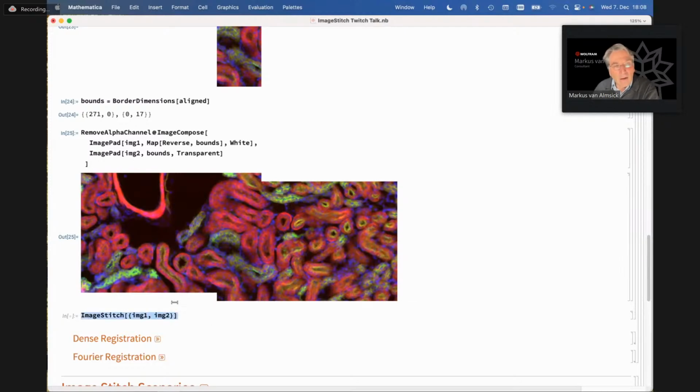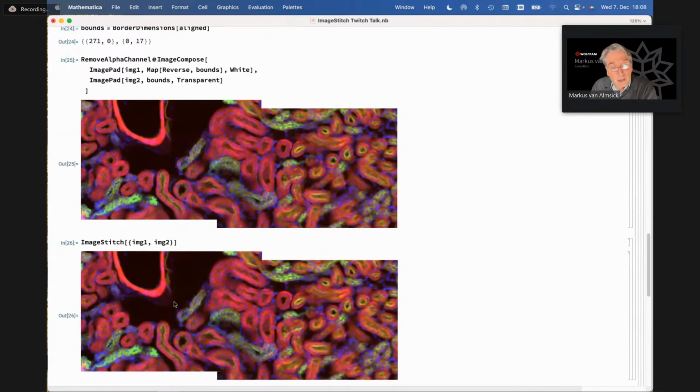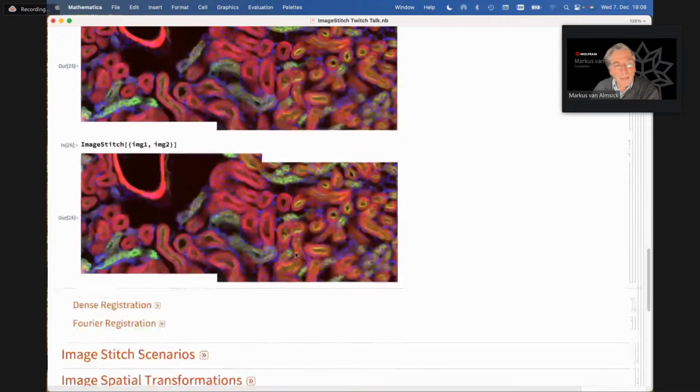And all of that, as you can imagine, is facilitated by the command ImageStitch, which does what I explained just in one go. All right, so this was still quite simple, but there are all kinds of subtleties that now kick in, which makes the whole endeavor much more interesting.